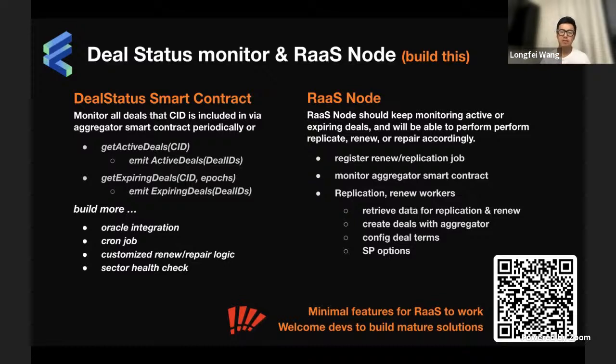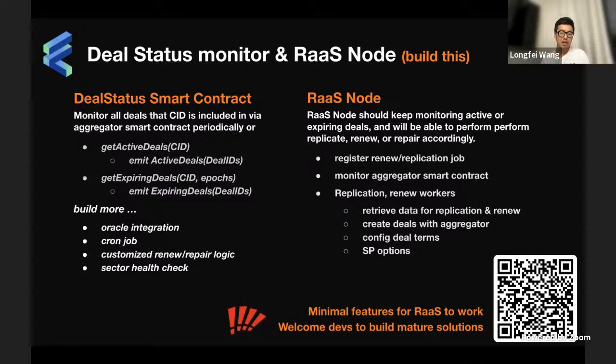So this is a very basic function, but if you think about it more, you will probably ask, when exactly should I monitor the deal? Do I need to get an Oracle into the picture? How do I do a cron job to make sure that I don't run that status check too often?